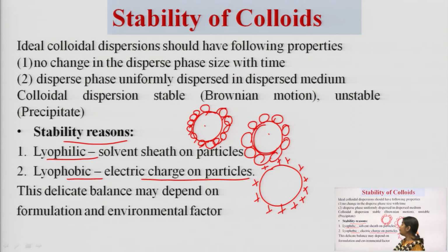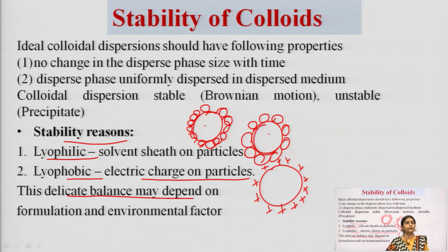So there should be a very delicate balance, which depends on your formulation and the environmental factors. For example, when we are formulating a dispersion system, we have to take into account what type of electrolytes, additives and excipients we are using, and what surface active agents we are using.